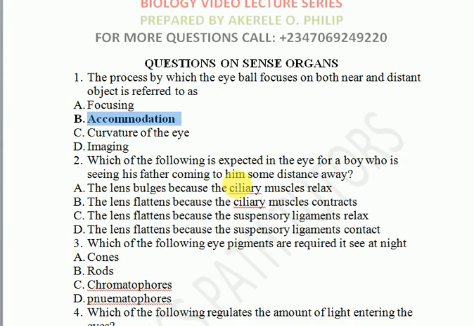So the answer will be option D. The lens flattens because the suspensory ligament contracts. If the suspensory ligament relaxes, the lens will bulge. That means you are looking at a short distance, or a close object.